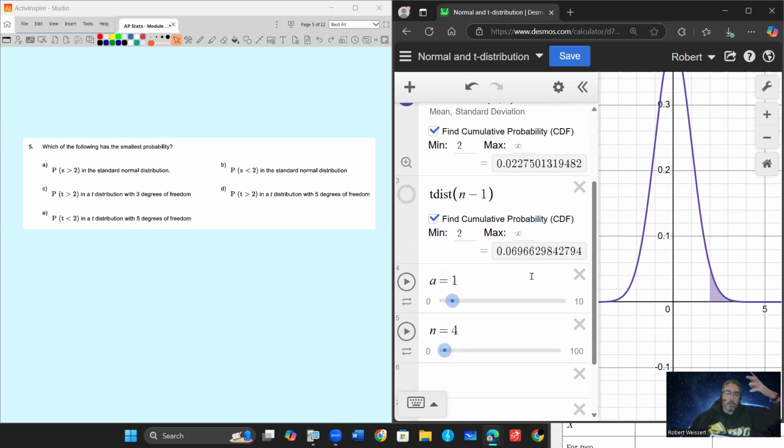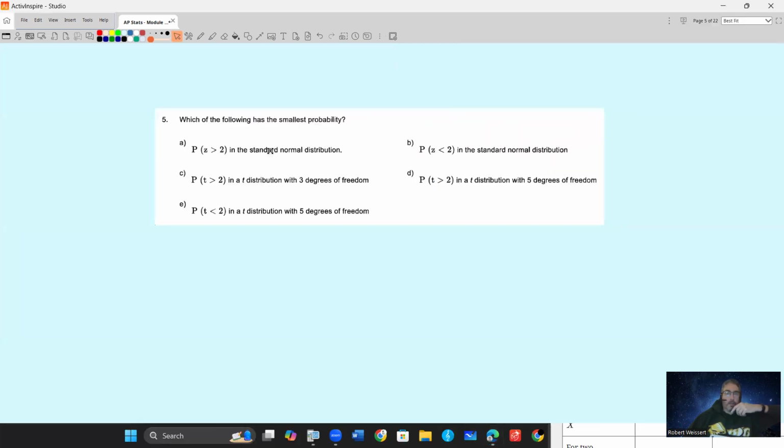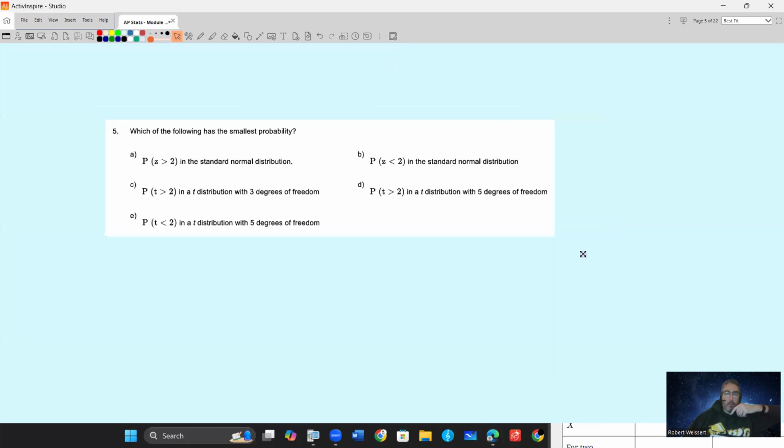That's because the smaller the sample size, the more width you have out in the tails. The t-distribution is wider over here, so it's covering more of the area. Conceptually, a normal distribution is always going to have less in the tails than the t-distribution. But if you want to just use your calculator to get these values, it's no problem.